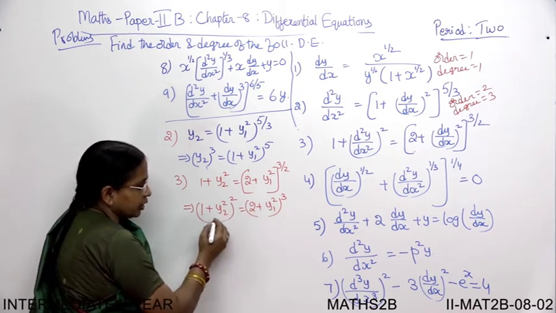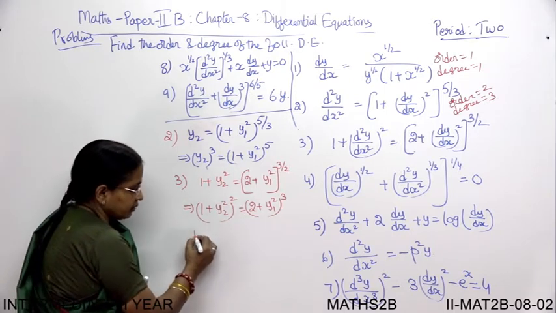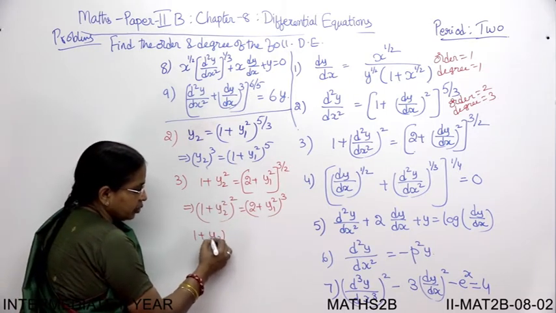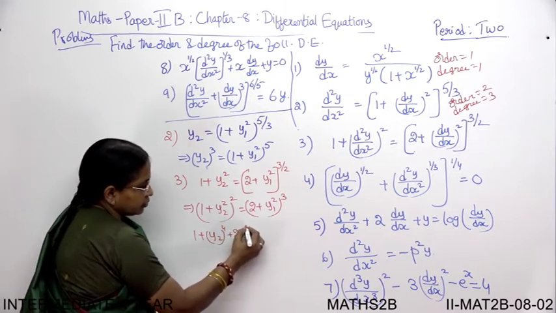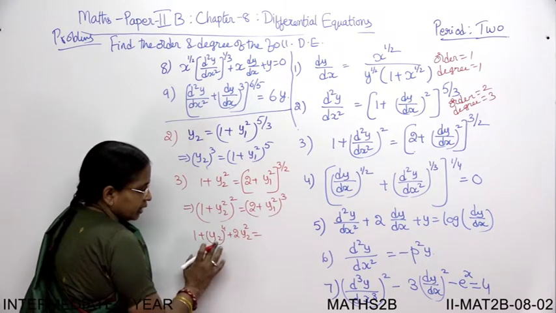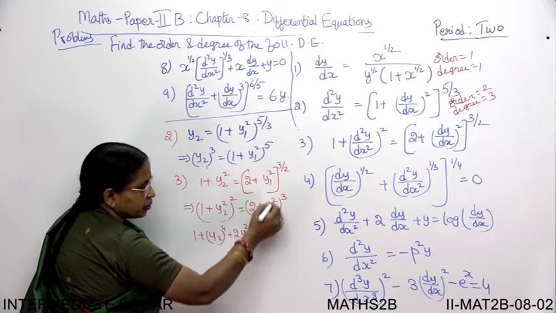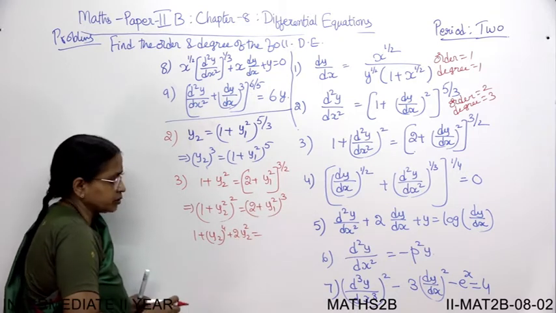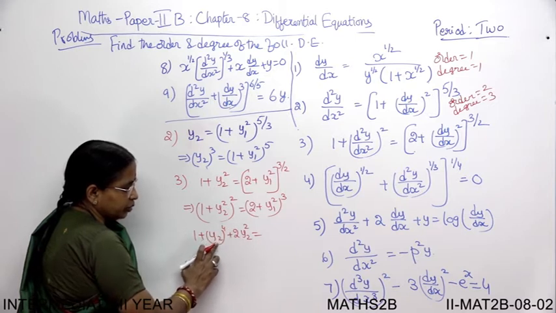y2. So the order is 2. And what is the highest power of it? When you expand this, you will get 1 plus y2 whole to the power 4 plus 2y2 square, and so on. So you have to write actually, this is the a plus b whole cube formula. You write all the terms here. So what is the highest order derivative? y2.